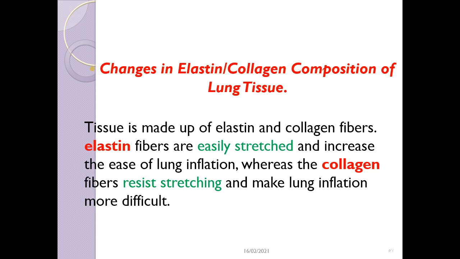How do changes in elastin and collagen composition of the lung affect our respiratory system? Tissue is made up of elastin and collagen fibers. The elastin fibers are easily stretched and increase the ease of lung inflation, whereas the collagen fibers resist stretching and make lung inflation more difficult.